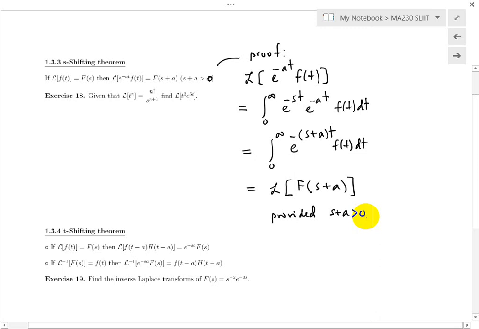Now here, note that what we want to find is the Laplace transform of t cubed exponential 5t, that's the given function. It is given that the Laplace transform of t to the n is known, which means that part will be available in the table.